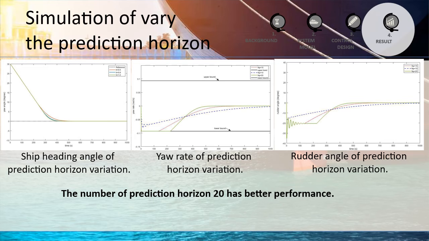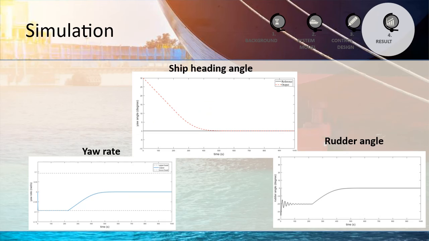The simulation results show that the times to reach the reference for 10, 15, and 20 are 8.3, 5.3, and 3.9 respectively. The prediction horizon 20 has better performance.